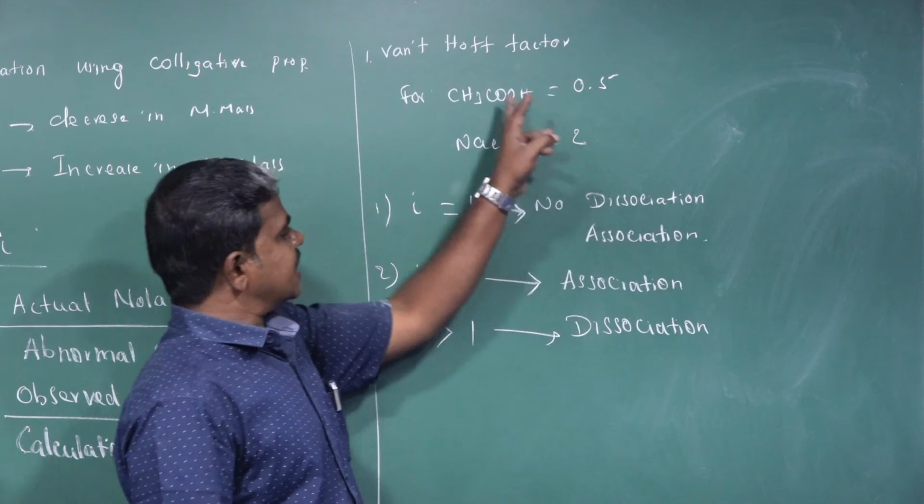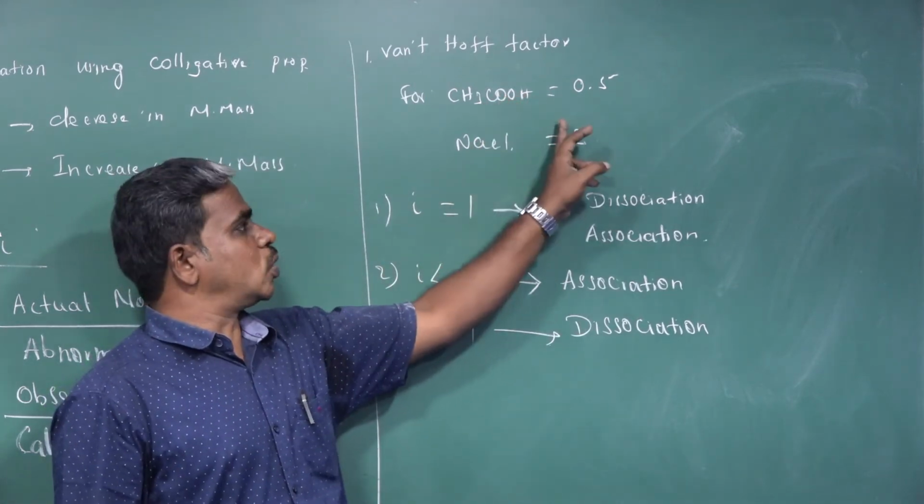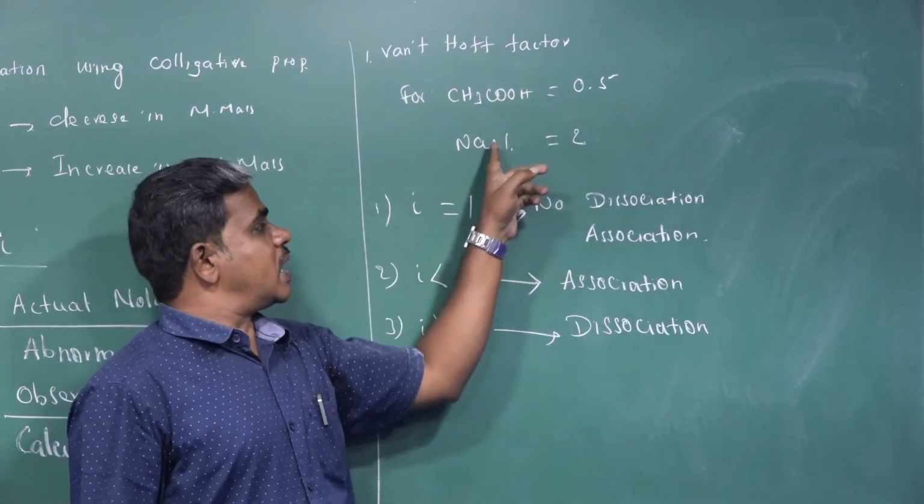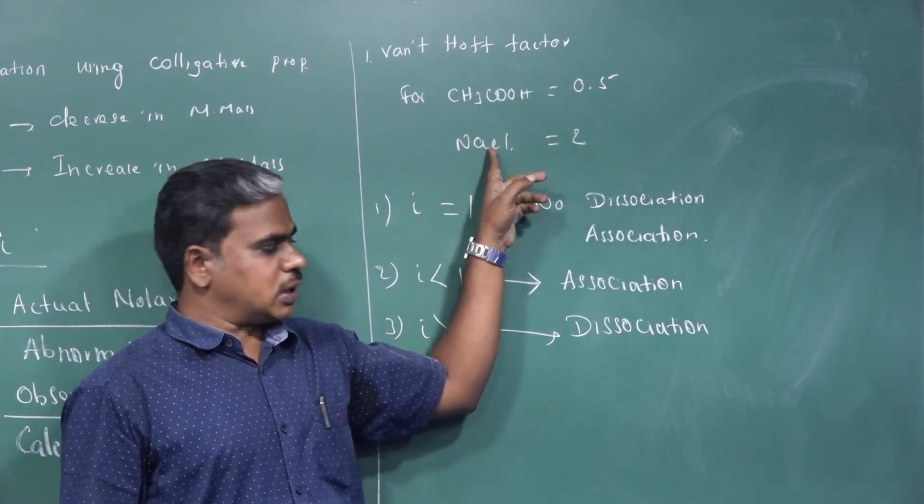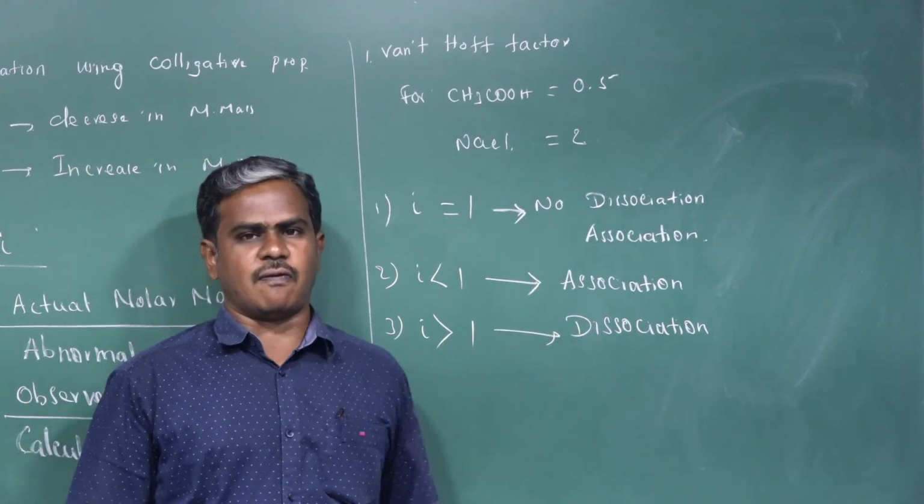So here acetic acid gets associated so it is less than 1, and sodium chloride gets dissociated so it is greater than 1.